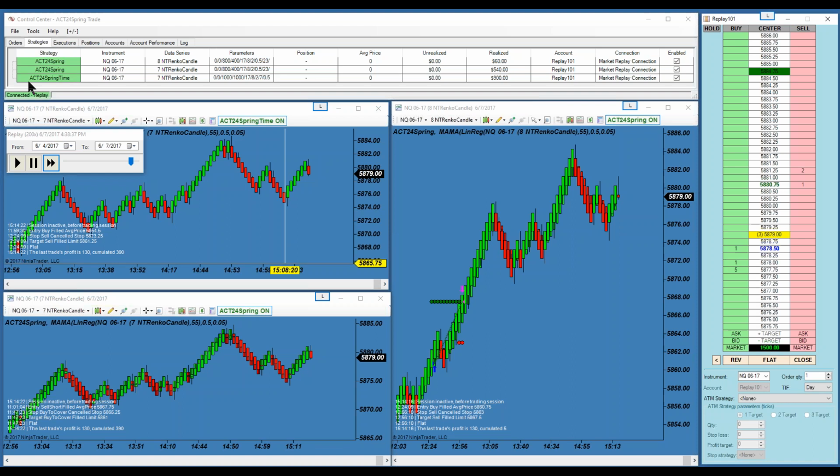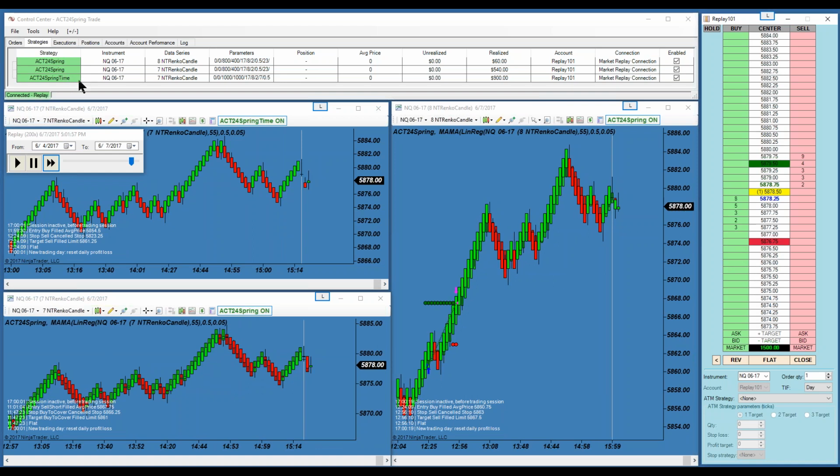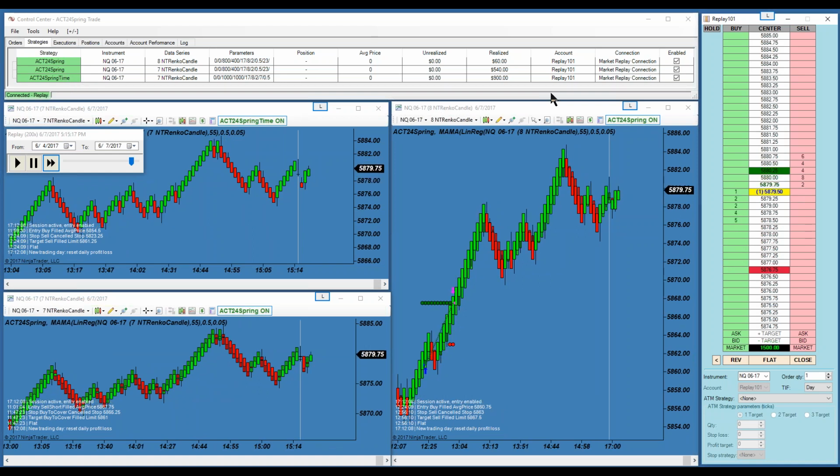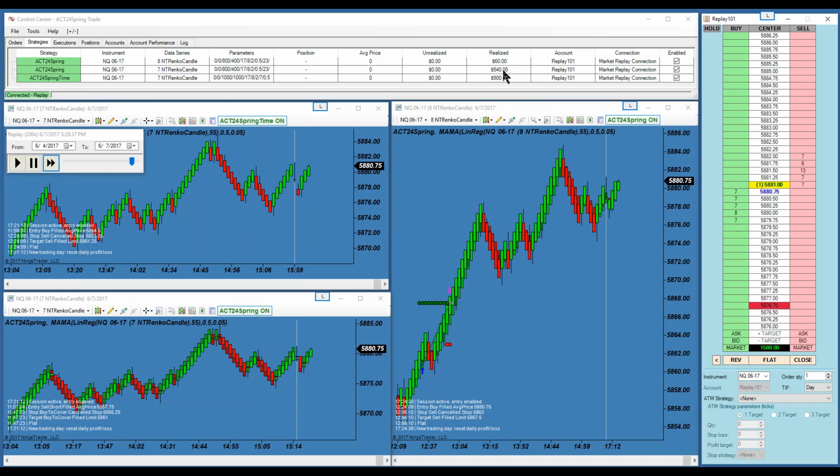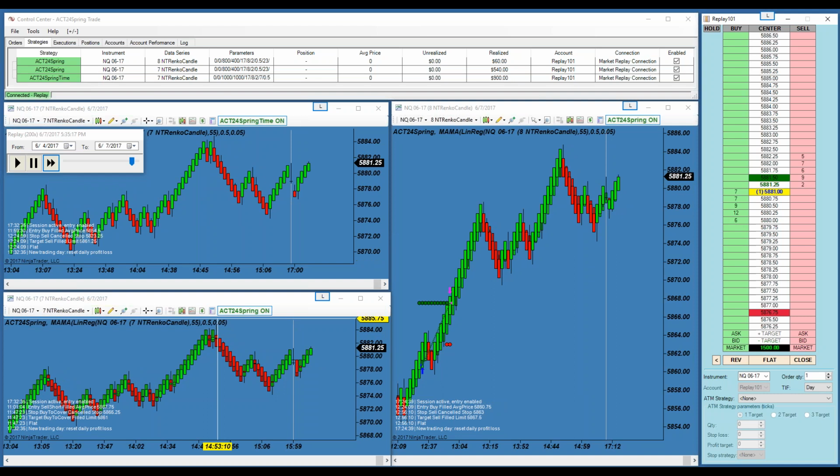Now, this spring trade, we're delighted with what we see with it. Again, it's the same trade, different entry, but it's doing real well. And the regular number 7 spring trade made 540 and only 60 on the number 8.